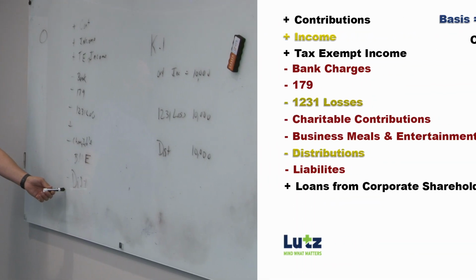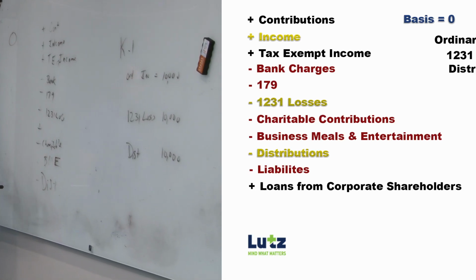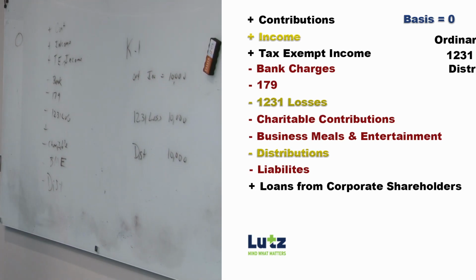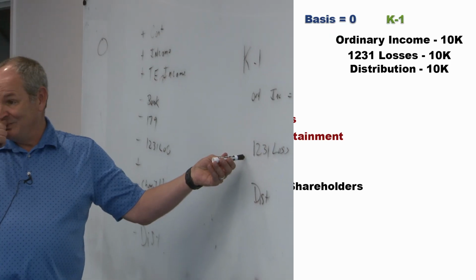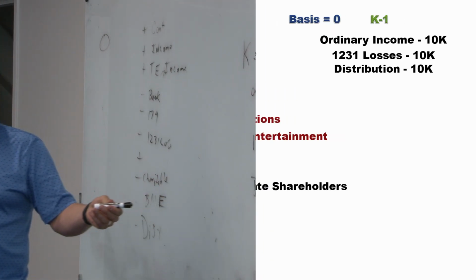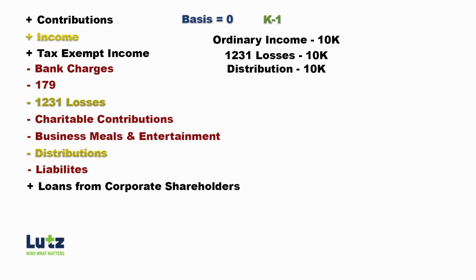And fundamentally, I agreed with the population of items that you guys brought up. But Jameson's right. There's an ordering rule. And I have a K1 that has an ordinary income item, an ordinary loss item, and a distribution. And how you account for that is determined by ordering.